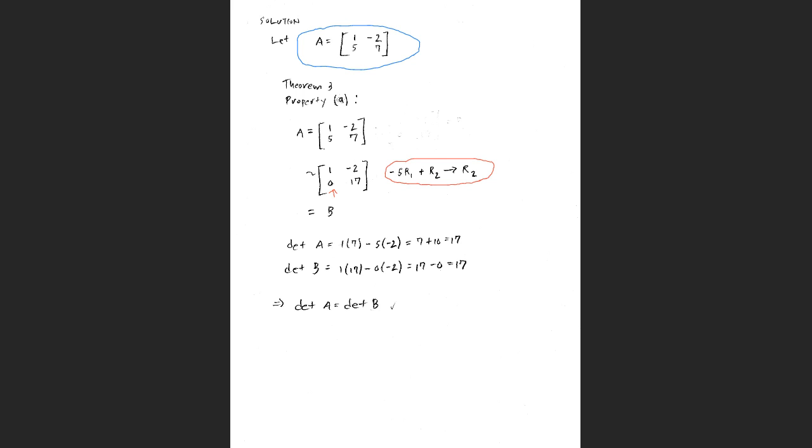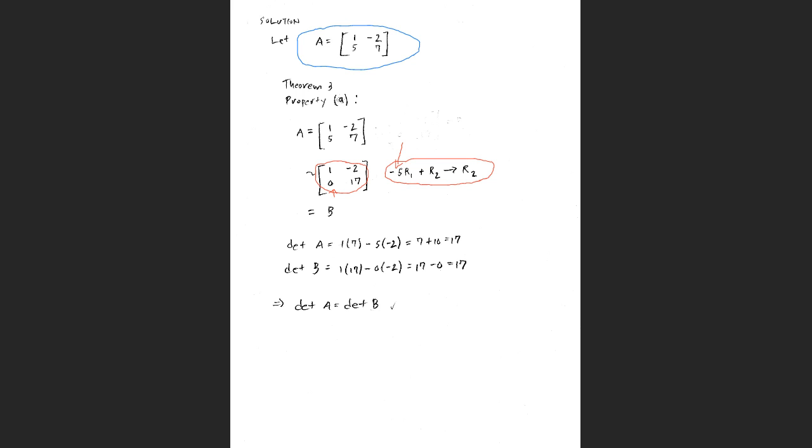What I'm trying to say is the row operation I'm doing is of the type A in theorem 3 from section 3.2. I'm taking a multiple of one row and adding it to another row. I just decided to pick -5 times row 1 and add it to row 2. And this is the matrix B that results.